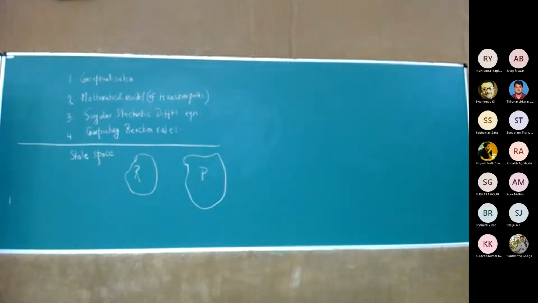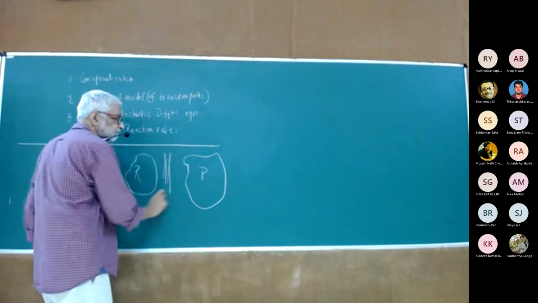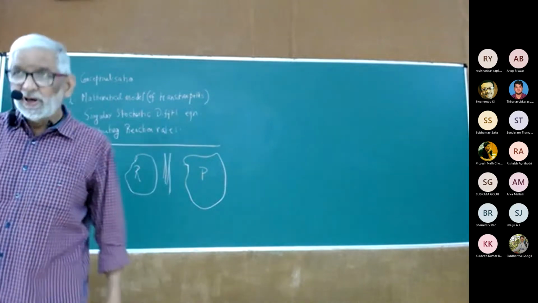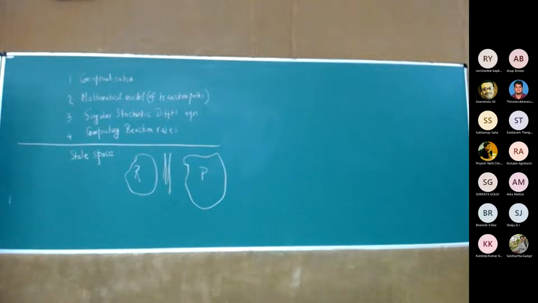But in the state space, there are two regions separated. And in the in-between region, there's a potential barrier. And so the particle has to cross this barrier.